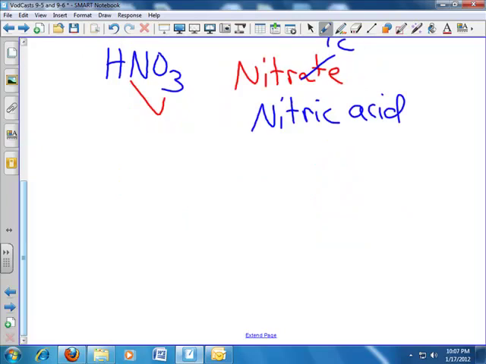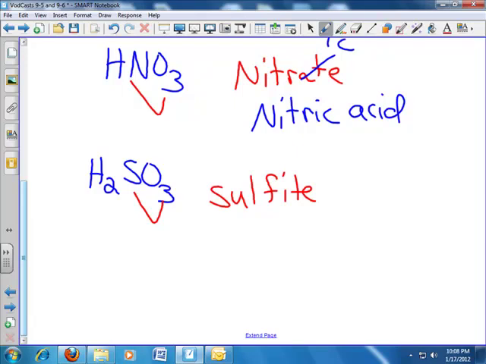Now, we can't forget about the OUSs. So I have H2SO3, which is also an acid. This SO3 is sulfite. I almost forgot what it was.